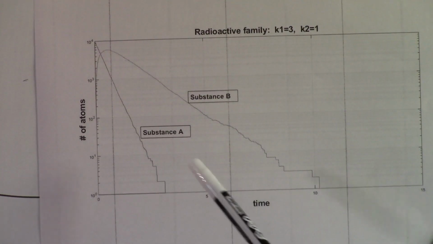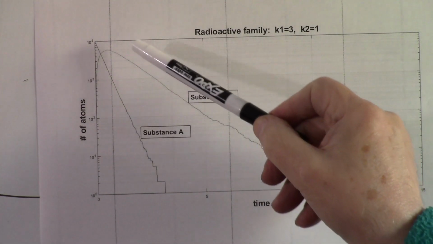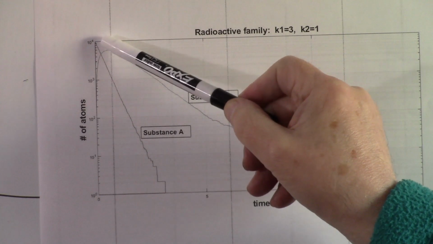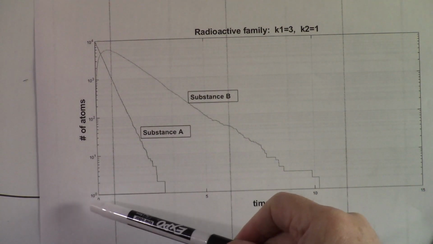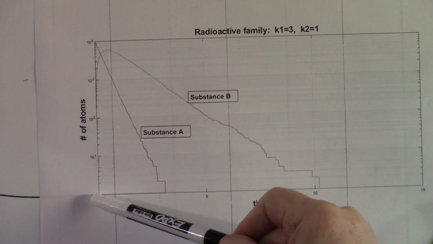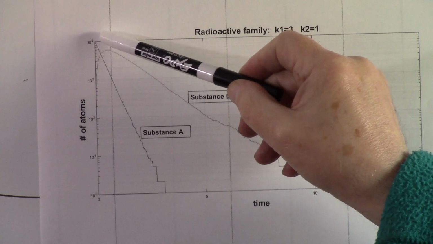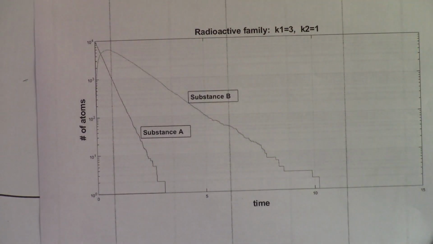Now initially we have that the number of atoms of A was 10,000, 10 to the power 4. The number of atoms of B was 0. Now if you look, here is the graph of N of t in semi-logarithmic coordinates.